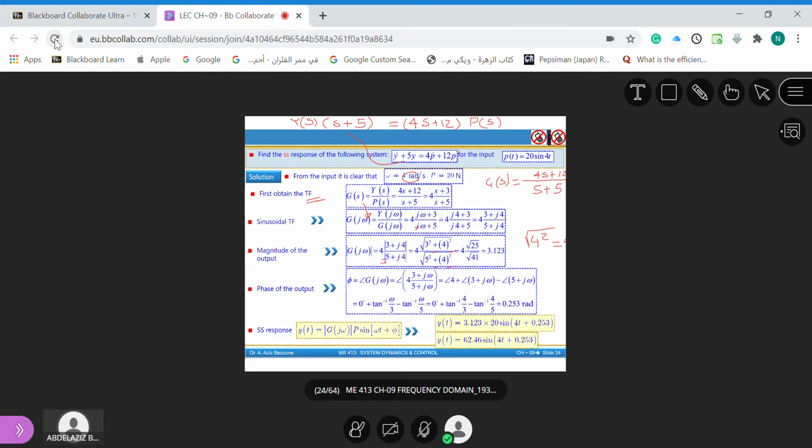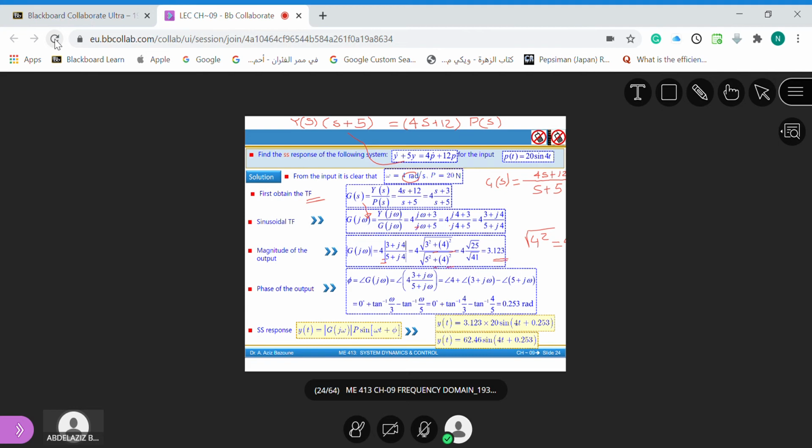So you'll have 3 squared is 9 plus 16, which is 25, square root of 25, over the square root of 25 plus 16, which is 41. If you do this with the calculator, you will get 3.123.